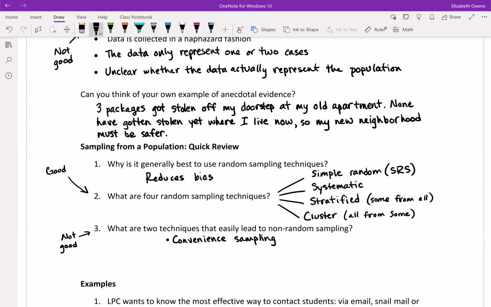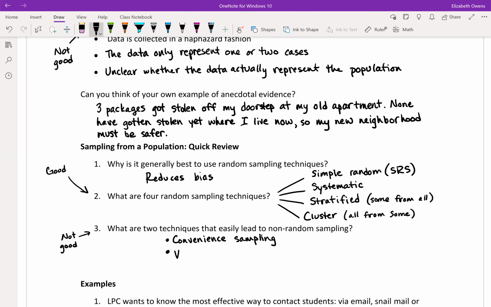And that was where you just got data wherever it was most convenient. So whoever's physically nearest to you or whoever is easiest to ask, all right, or whatever object you can reach gives you your data point. Yeah, that's convenience sampling. While easy, it's often not representative of the population.